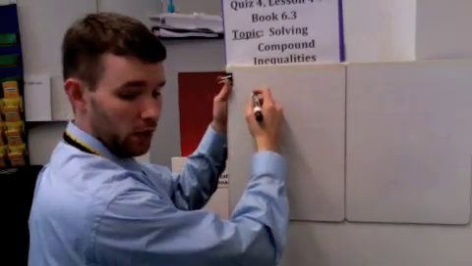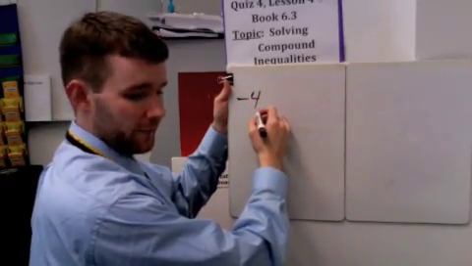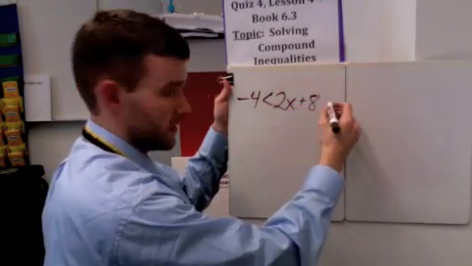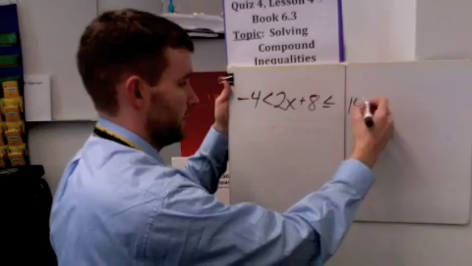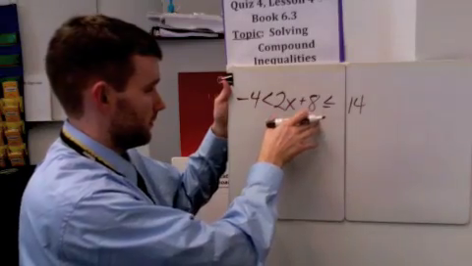Now I'm going to show you how you can solve a compound inequality. Well, if you have the first type, where it was an "and", you might have negative 4 is less than 2x plus 8, which is less than or equal to 14. And all I'm going to do is solve these basically separately.